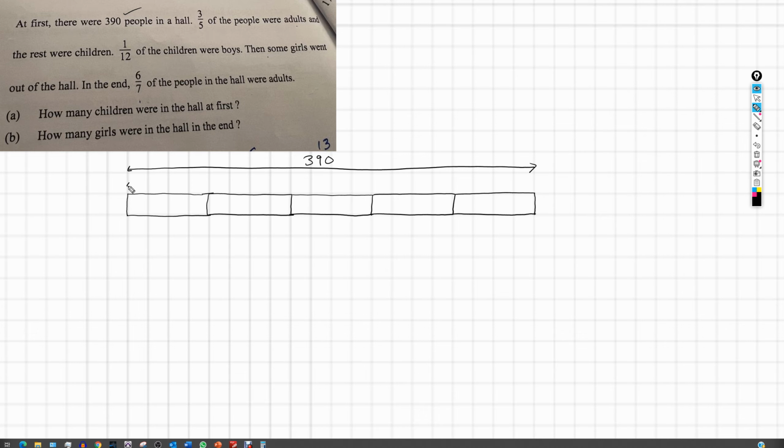Why not use different colors just to make it easier? So here we go. 3/5 were adults, and it would help if I spelled that correctly. And then that makes the 2/5 here children.